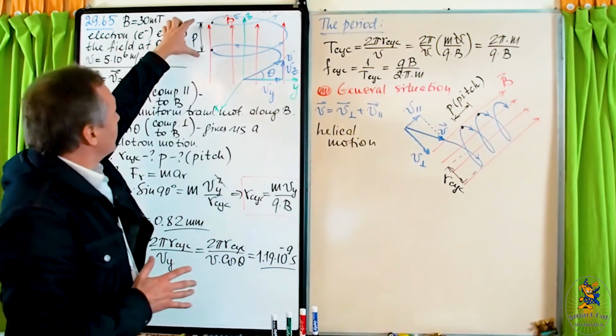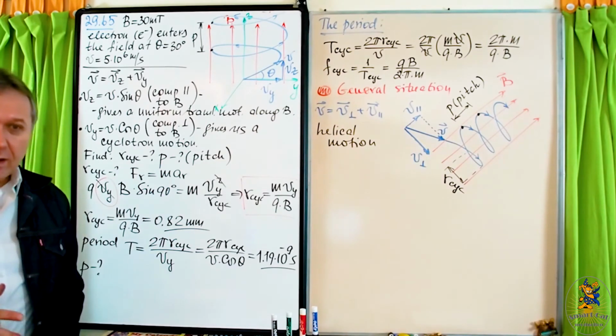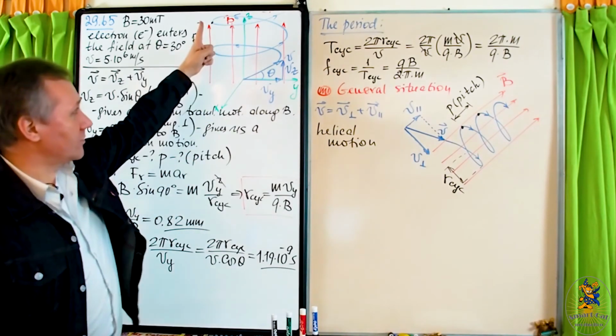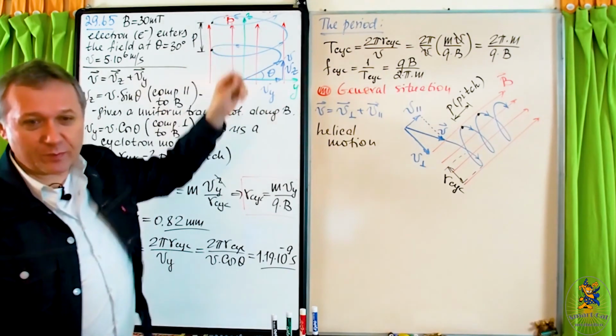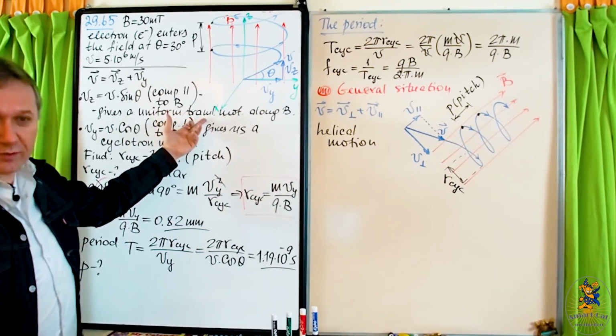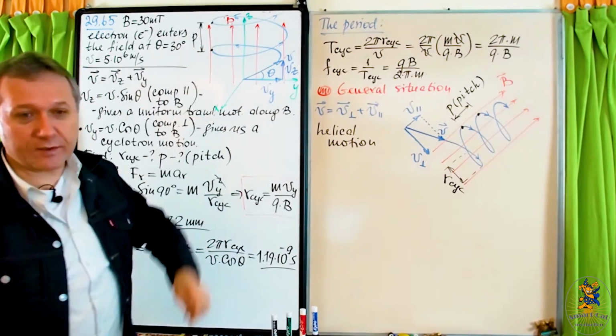So the pitch is the distance between these two points. Do we know the speed in that direction? It's v sub z, which gives us the displacement of the particle in the z direction, this uniform translational motion. So v sub z is responsible. So we know the speed of the particle in that direction.